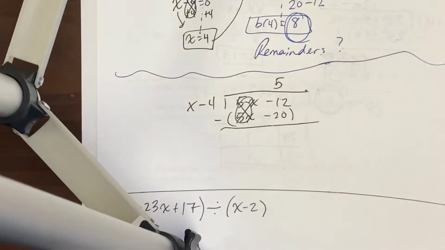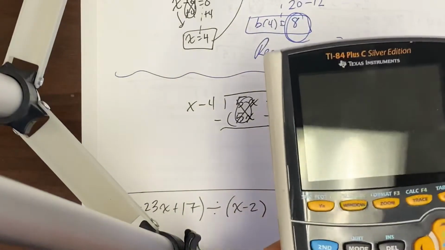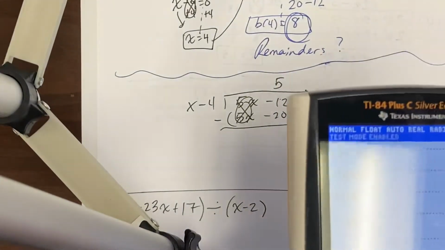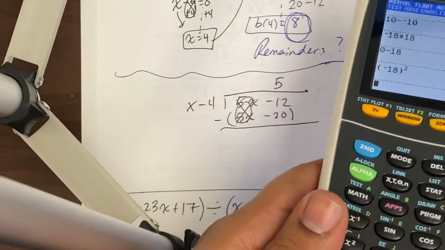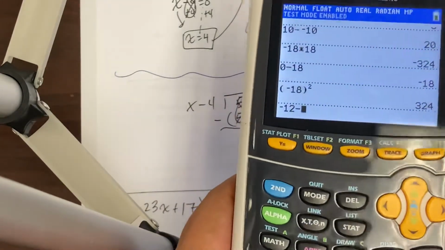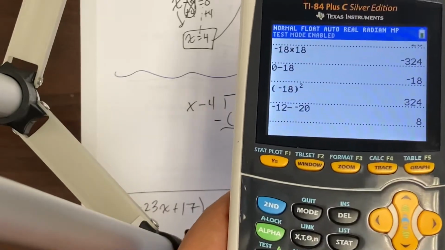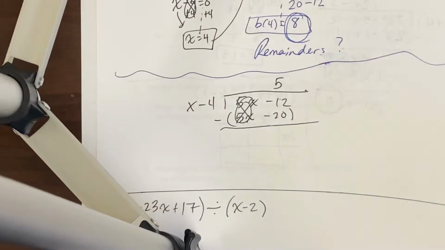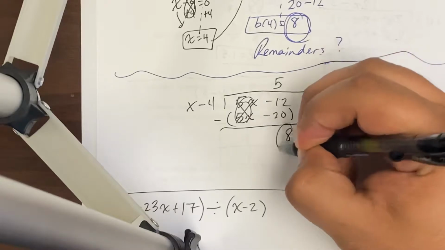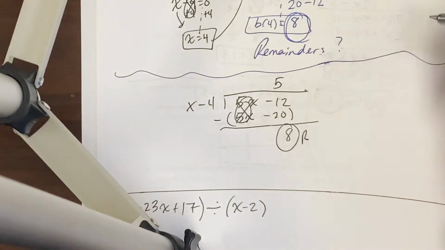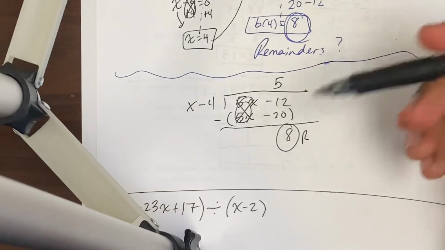Negative 12 minus negative 20. We're going to see that it's 8. Give me one second. Apologies. Negative 12 minus negative 20. That's 8.